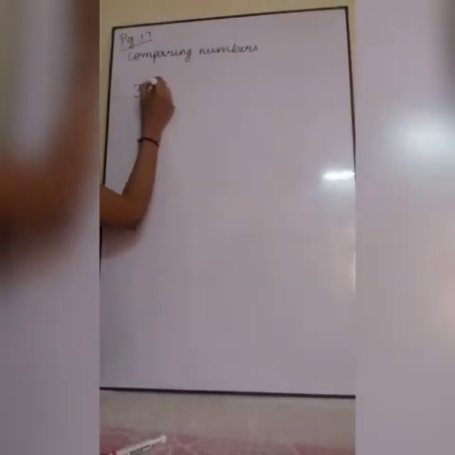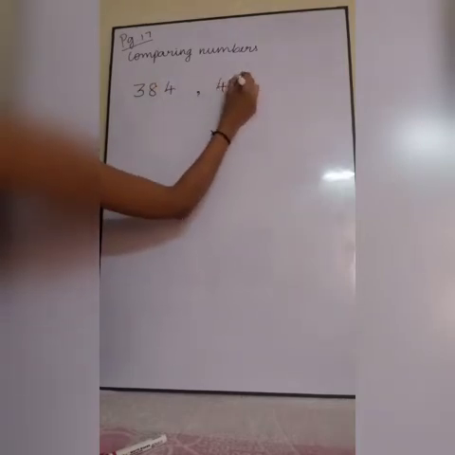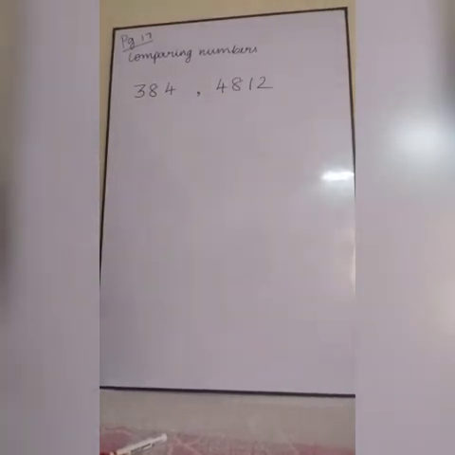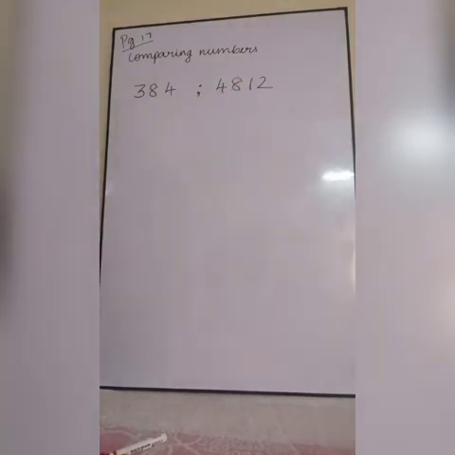Okay, this is one number, 384 is one number and 4812 is another number. How will you compare these two numbers? First, you will count the number of digits. For this number how many digits are there? 1, 2, 3.